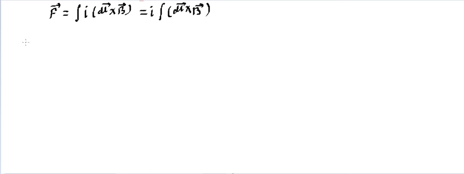Now this can be simplified for a particular case, so that case I am writing over here, and mostly you are going to use that. If the magnetic field that we are talking about is uniform. Uniform means that it does not change over the space, so that means B is uniform at all space.